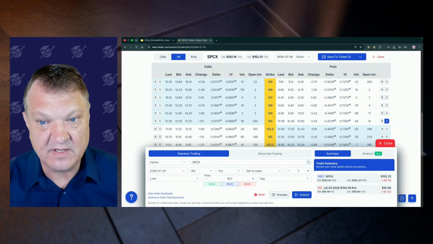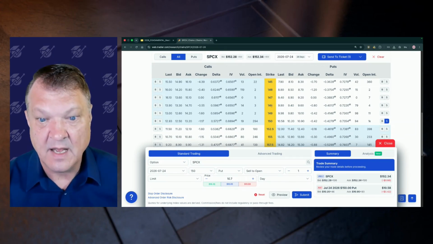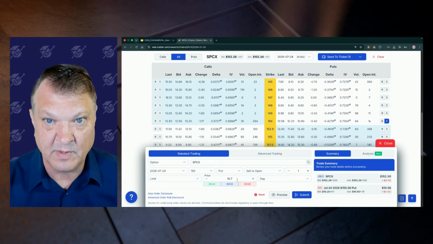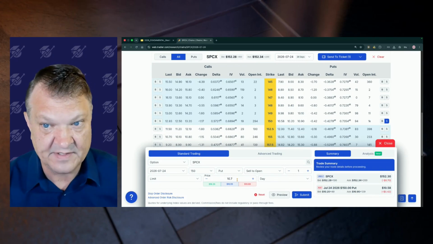So if it does get put to me, I'm buying it at 150 minus $10.70 because I get to keep the premium. So we're going to use that to help buy the stock.